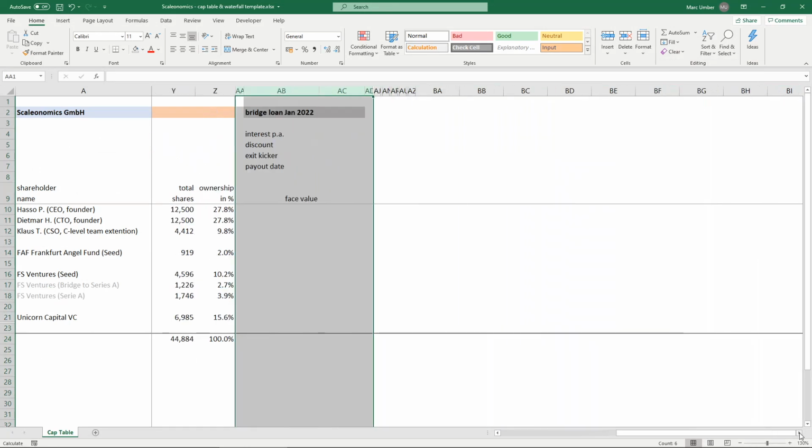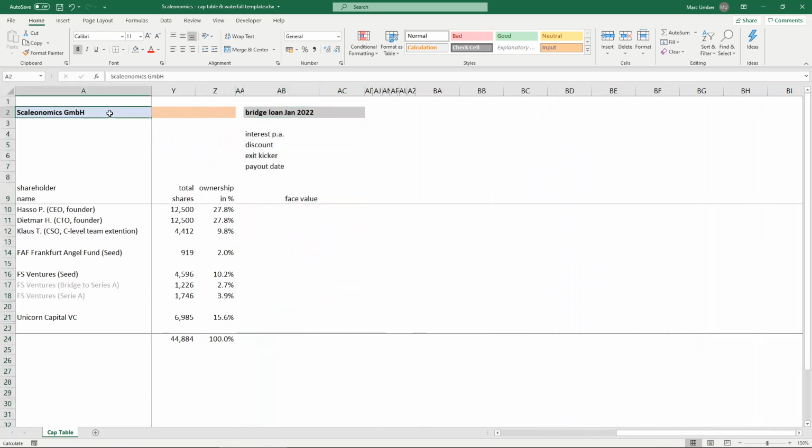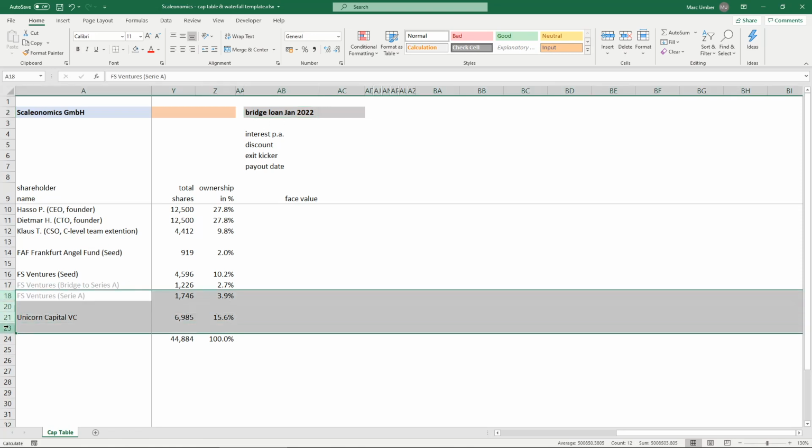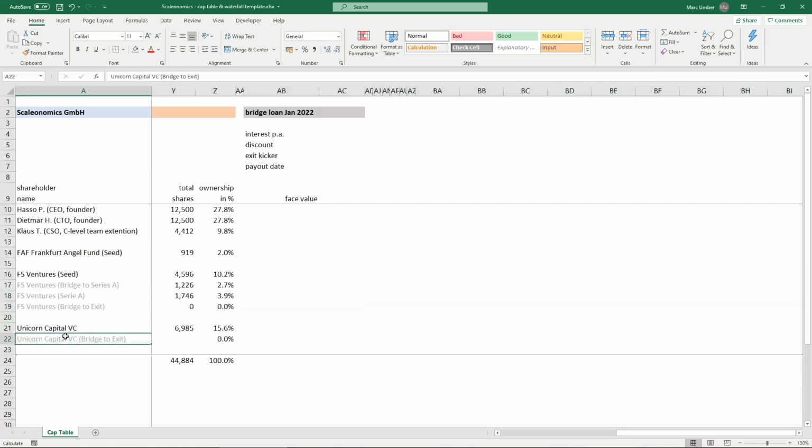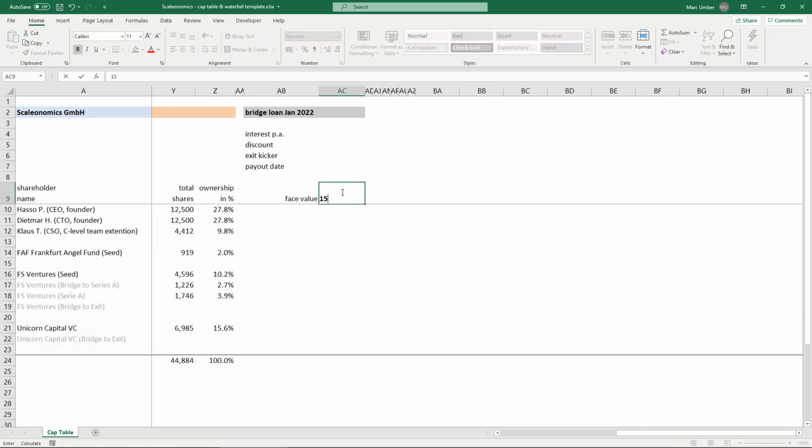And as before, there are two steps along the way. The first one is the bridge loan, and this bridge loan now is provided by Frankfurt School and Unicorn in the amount of 1.5 million. Now, Frankfurt School and Unicorn Capital will split the total loan amount of 1.5 million on a pro rata basis.